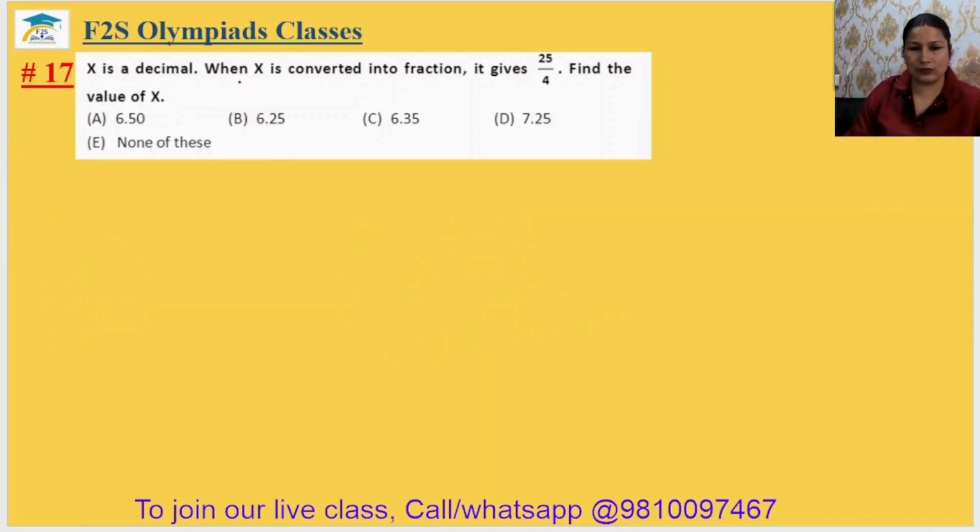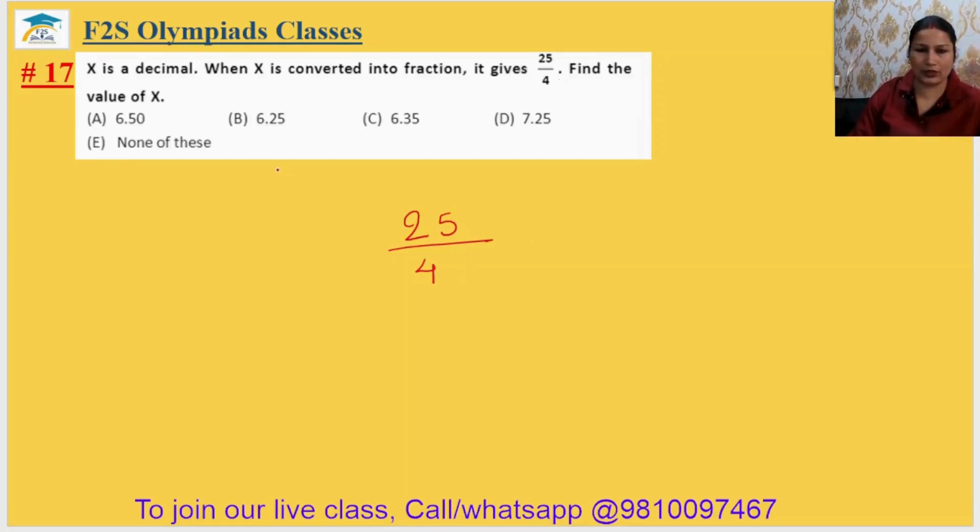X is a decimal. When X is converted into a fraction, it gives 25 upon 4. Find the value of X. So look, 25 upon 4 is coming after simplifying the decimal. Okay, so let's check it with the decimal which on simplification gives 25 upon 4.